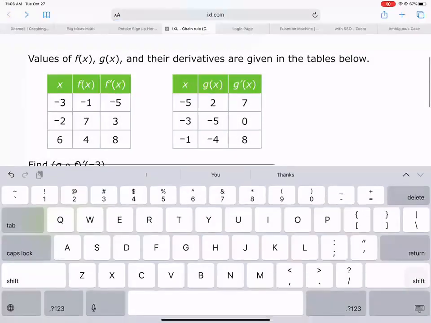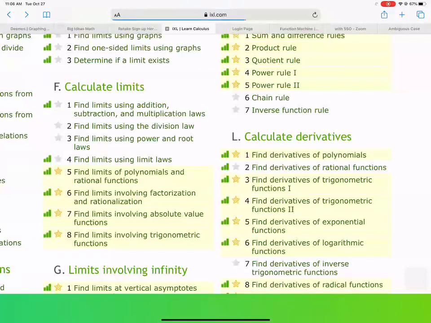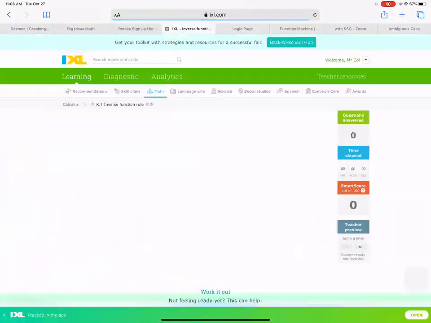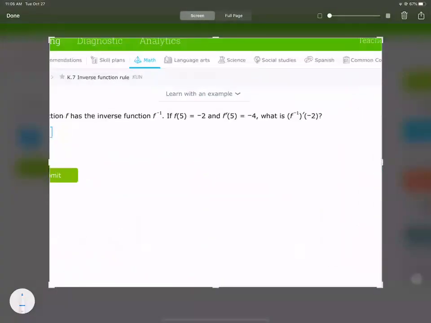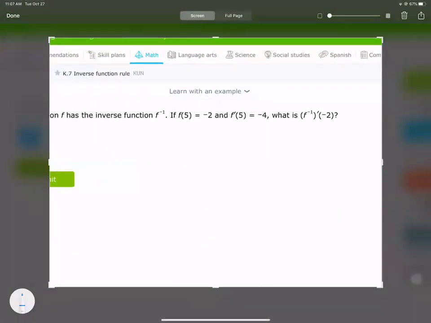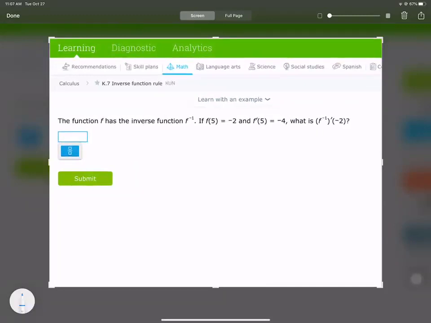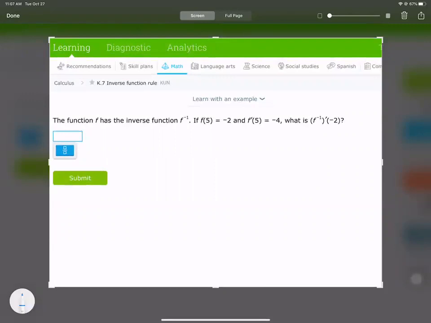Now, let's look at today's work because it really just involves tables. They give us everything we need to know here, but I'm going to write a couple of things a little differently. They asked us to find, f has an inverse function. If f of 5 is negative 2, let's try that as a point. The point 5 comma negative 2, that's my x and y.